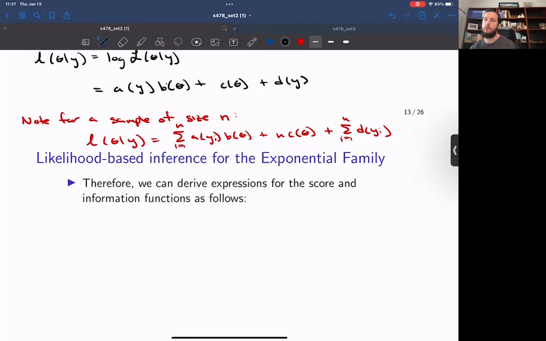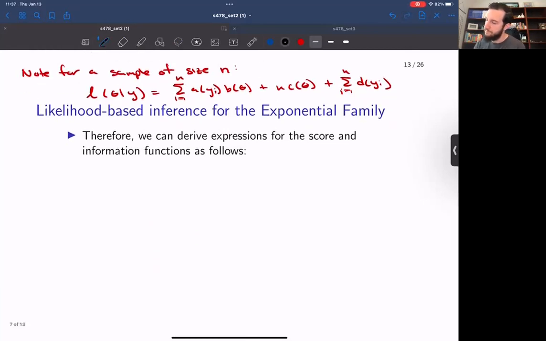To do this, we're going to derive what is called the score function, and we'll also show the formation of the information function. The information function is essentially the variance of the score function, so we can use this to conduct inference later on. The score function is actually very easy to derive. It's simply the derivative of the log likelihood with respect to the model parameter.